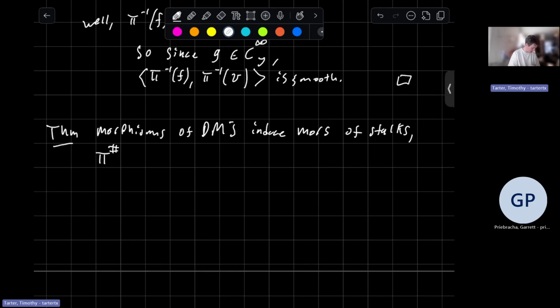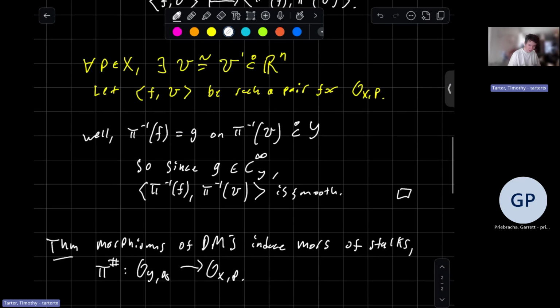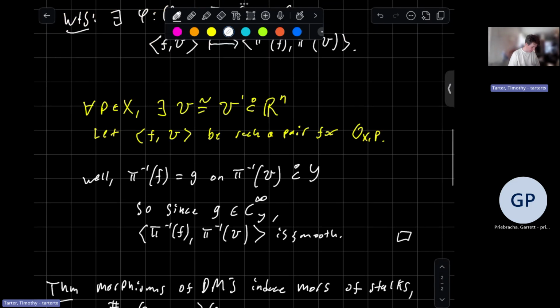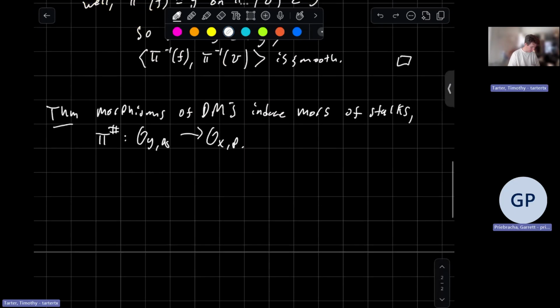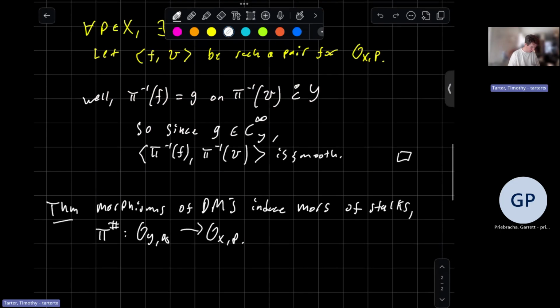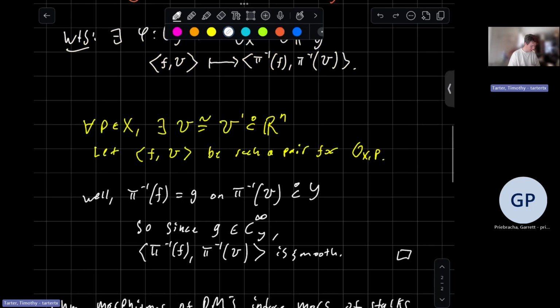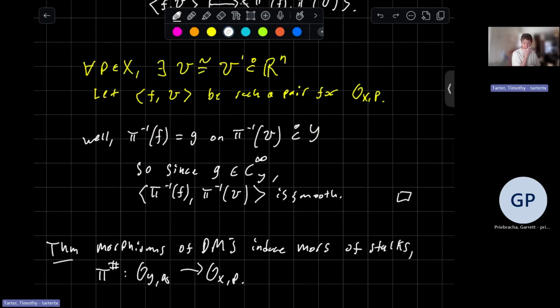And we're denoting this by pi sharp from OY comma Q to OX comma P. And this is done on the level of this line, right? We're saying, okay, we can pick out such pairs, we can map them over, and then this maps to some point in pi inverse of U. Right.